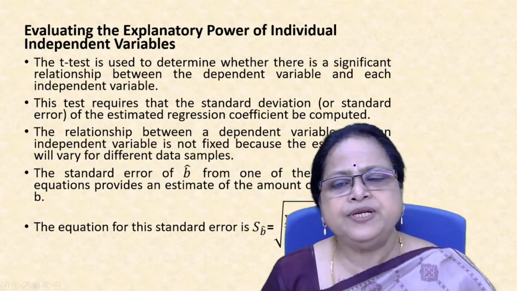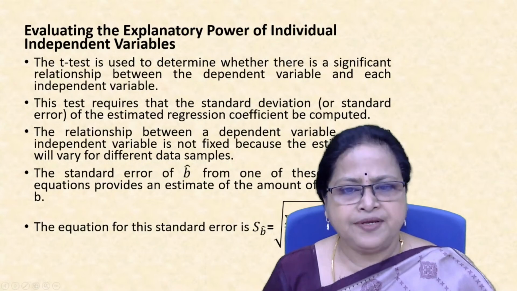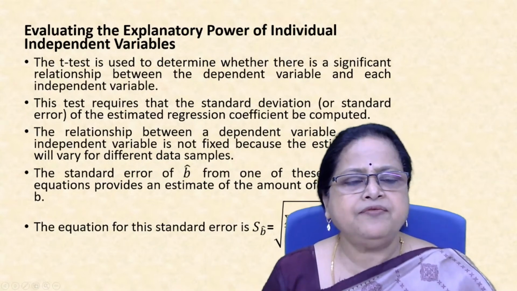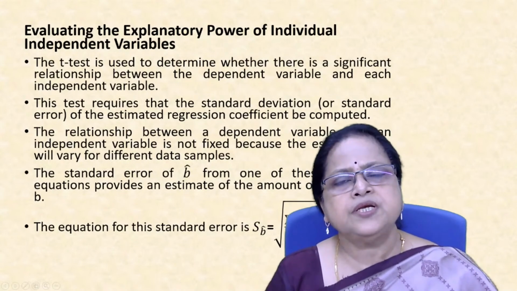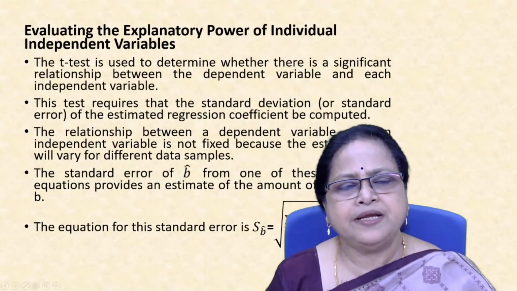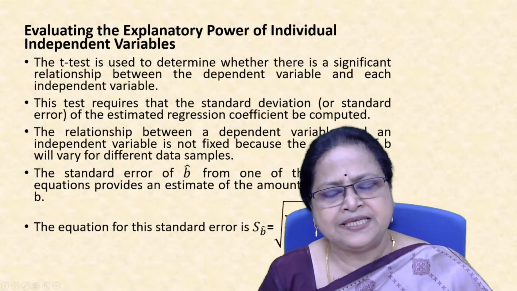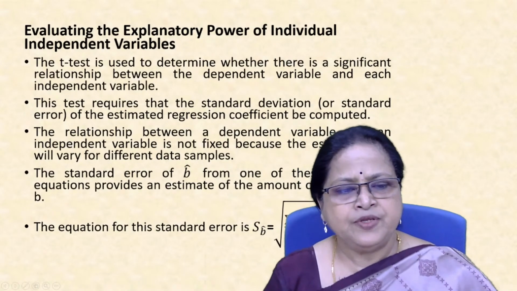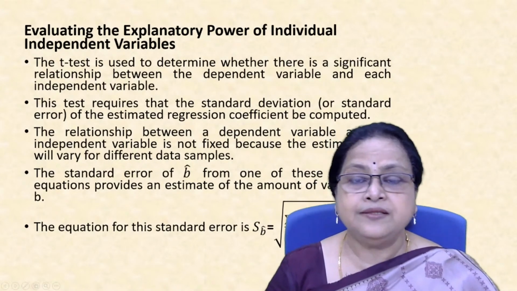The relationship between a dependent variable and an independent variable is not fixed, because the estimate of B will vary for different data samples. Suppose out of 300 you have taken a sample of 50, and another person has taken another 50 sample, then this will vary. So for that reason, at 95%, we have to take the t-test.